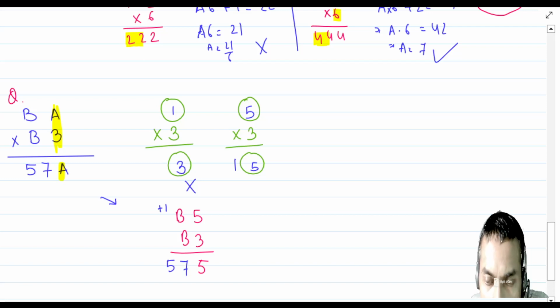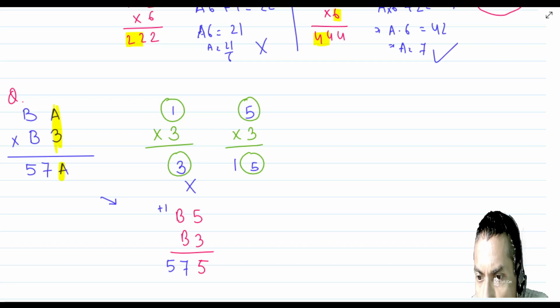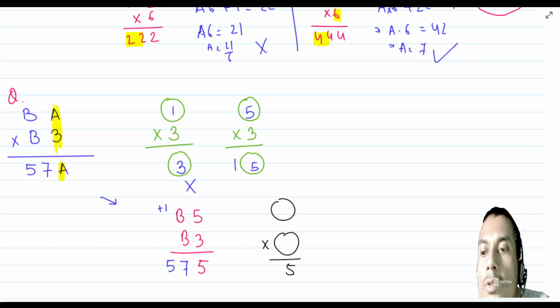So most left side, you think, when this empty circle is multiplied with another empty circle, the same value if we put here, can we get the 5 without carry forward?